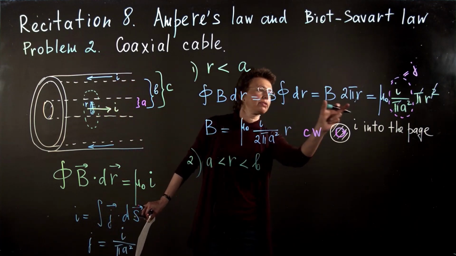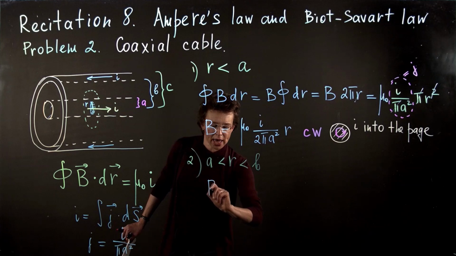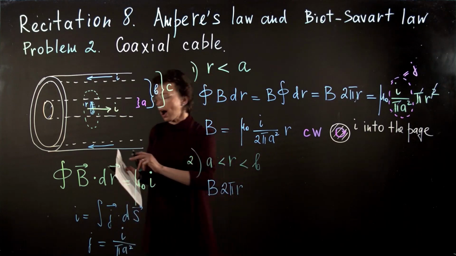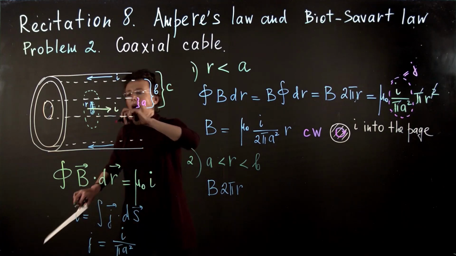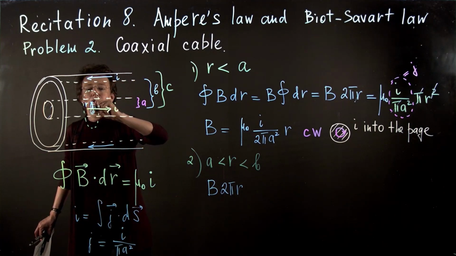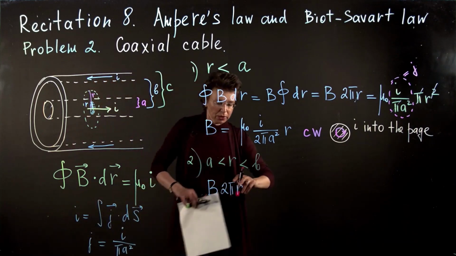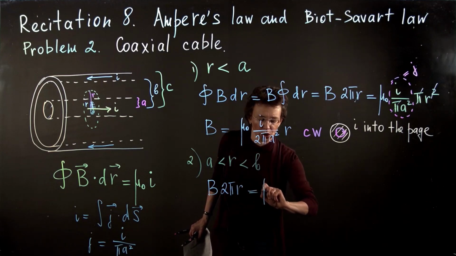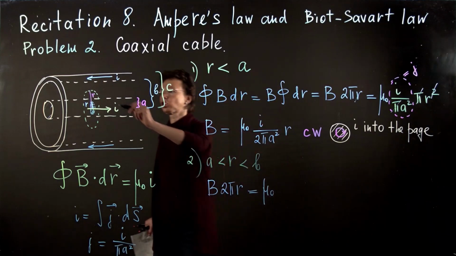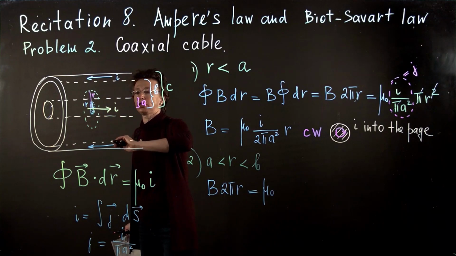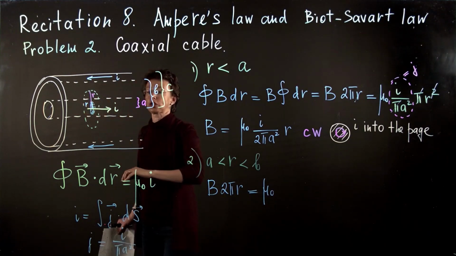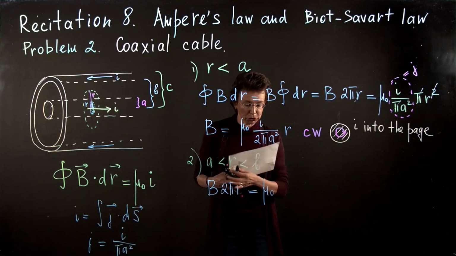So we simplify the left hand side of Ampere's law, and we write B times 2 pi r, where r is arbitrary radius between A and B. So B times 2 pi r is equal to mu naught times current enclosed by this loop. But what is current enclosed by this loop? It's current I. So we put I here.